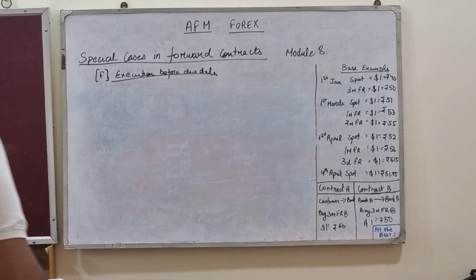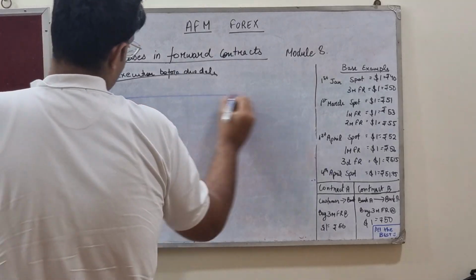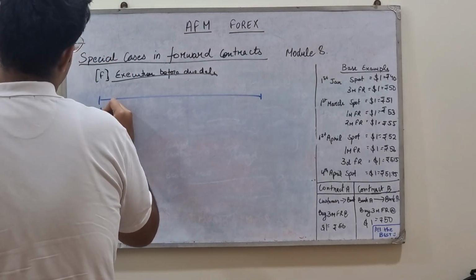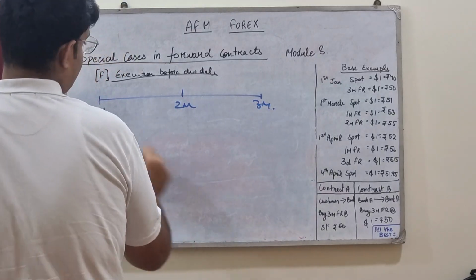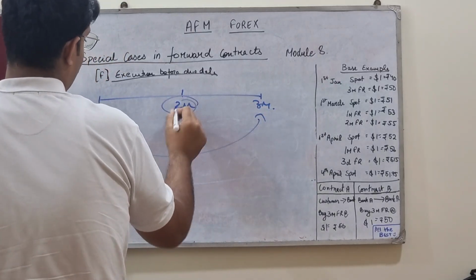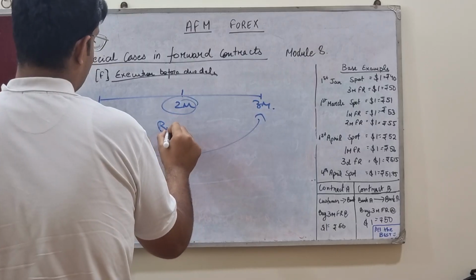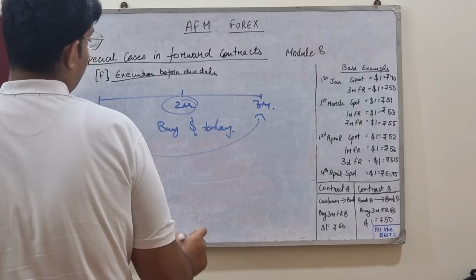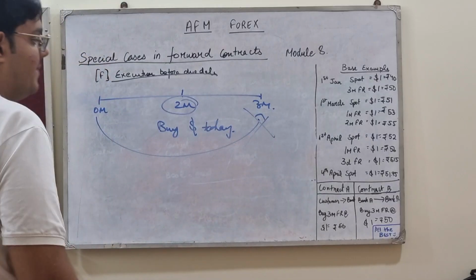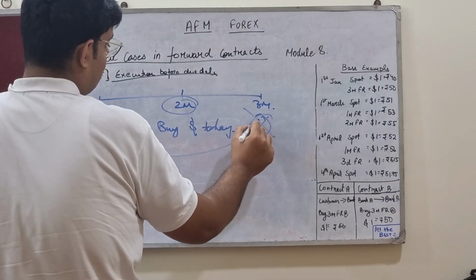So I'll give you a timeline. This is month 0, this is 2nd month, this is 3rd month. The contract is for 3rd month, but I'm here and I'm saying that I want to buy the dollar today and I don't want this. So basically I'm executing this contract here.